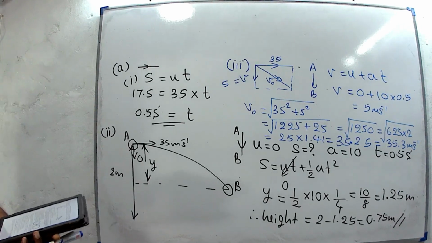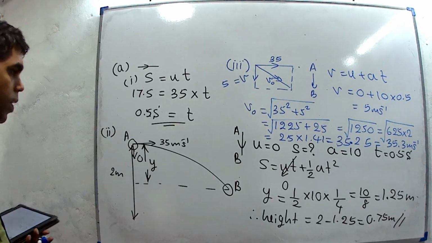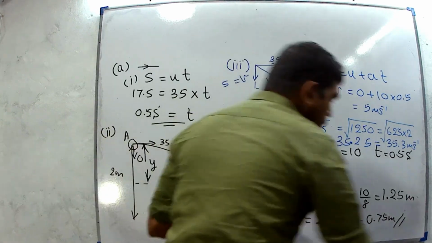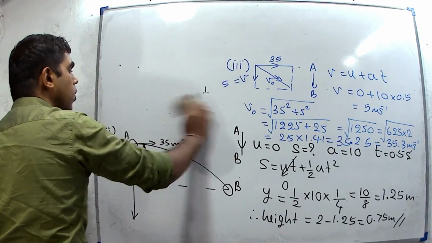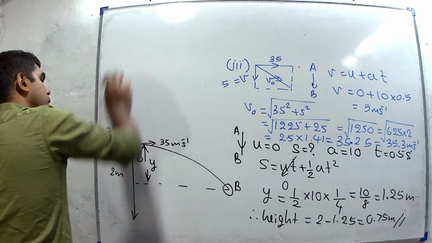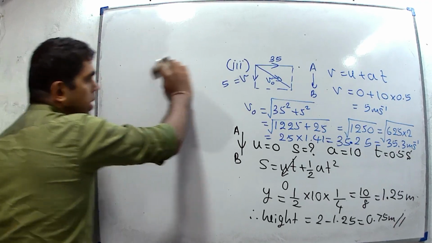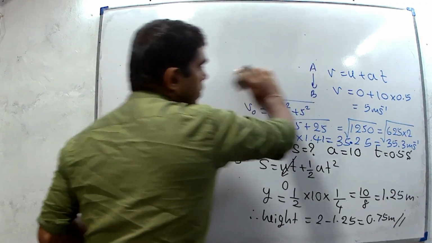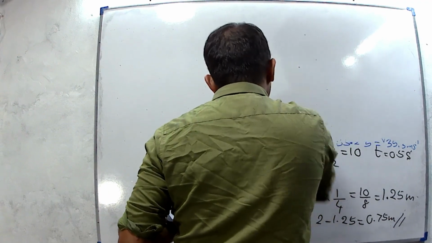Now there is a collision. For a collision, we can calculate force by using Newton's second law. According to Newton's second law, force is equal to the rate of change of linear momentum.